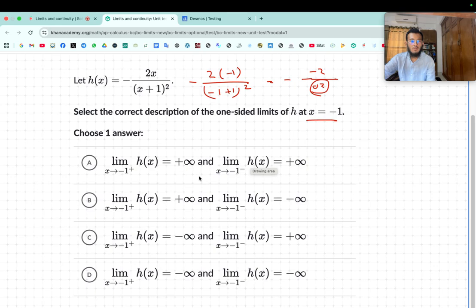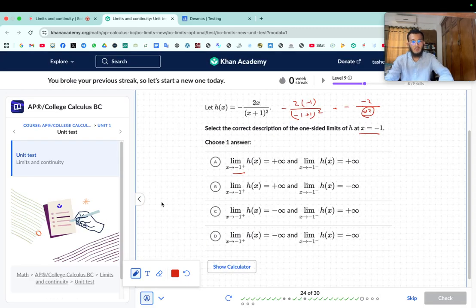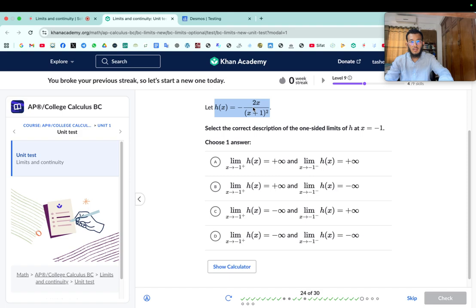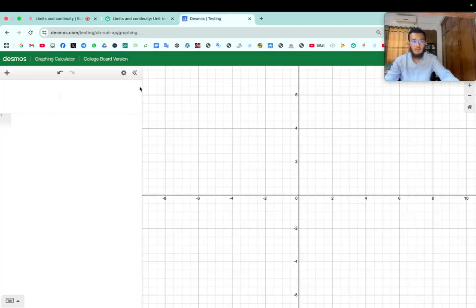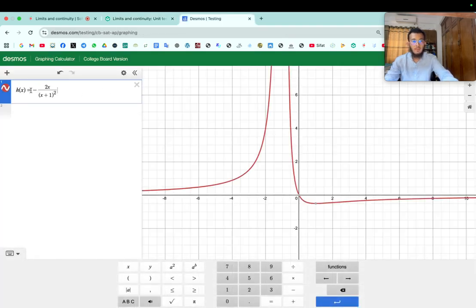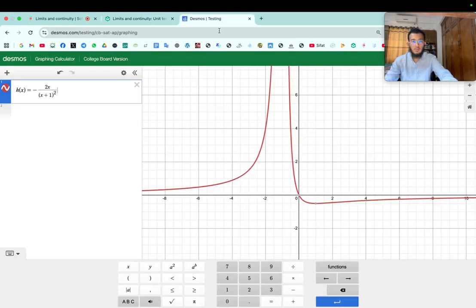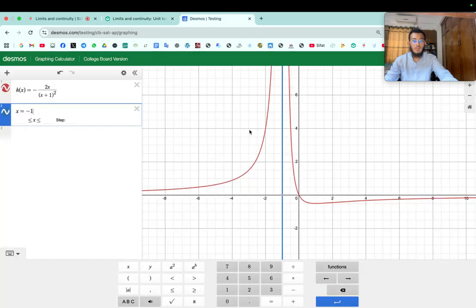So what do we do? As x tends to, okay, in order to solve this, we have a calculator. What we can do is we can plug in the graph. So here we have a graph, and we want to approach x equals negative 1, right?